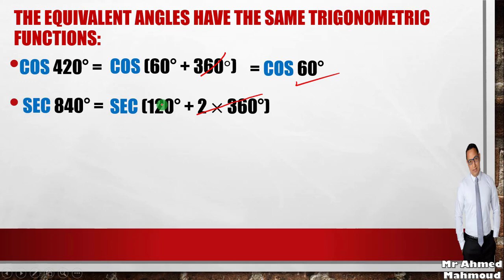This is the main angle. So sec 840 is the same as sec 120, because they are equivalent angles. And I'm going to explain how we can do it in the questions by doing minus 360 and minus 360 again. Okay, now let's study a very important topic called sign of trigonometrical functions.